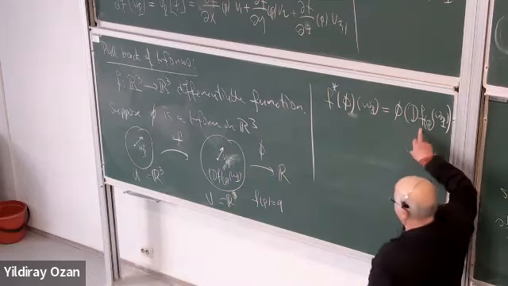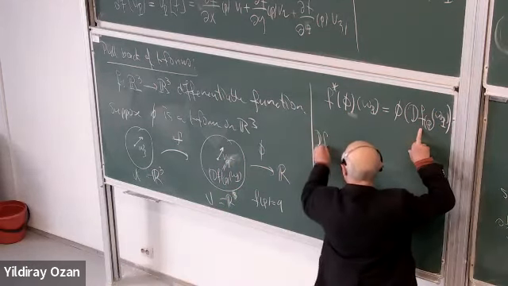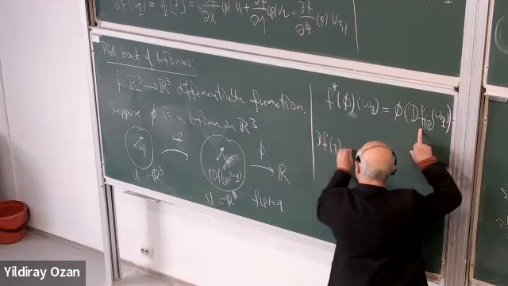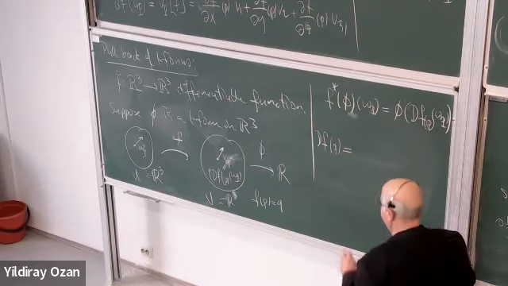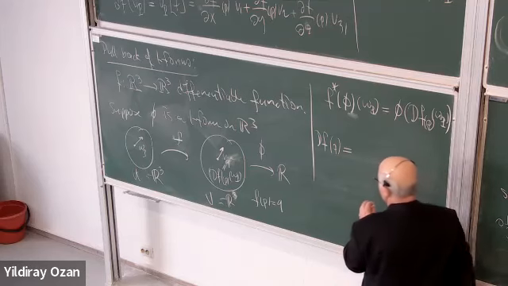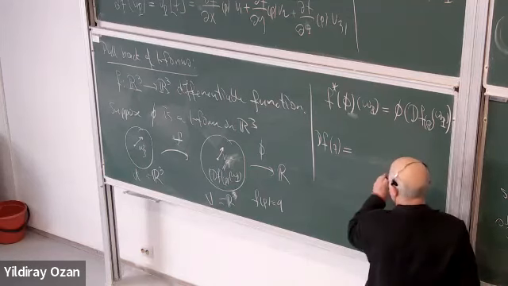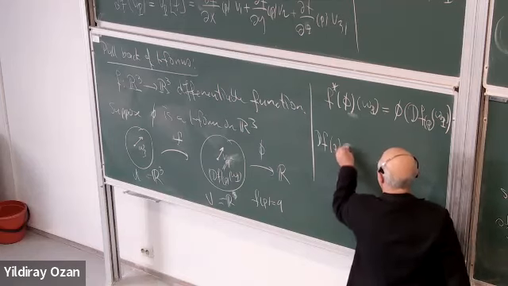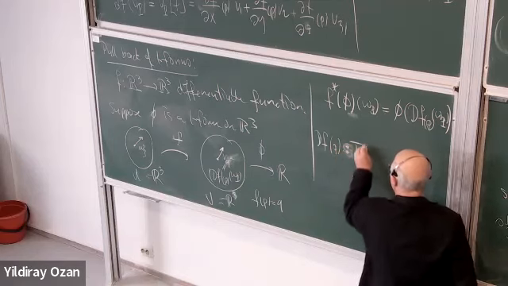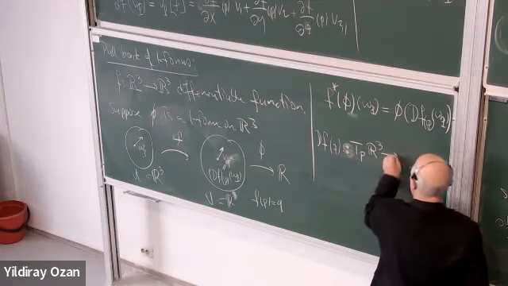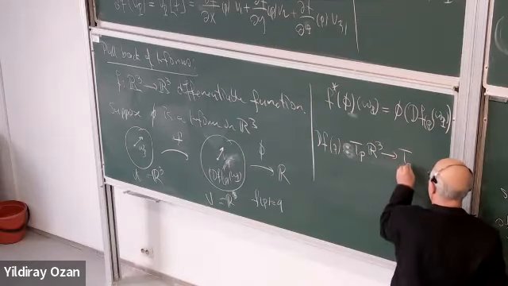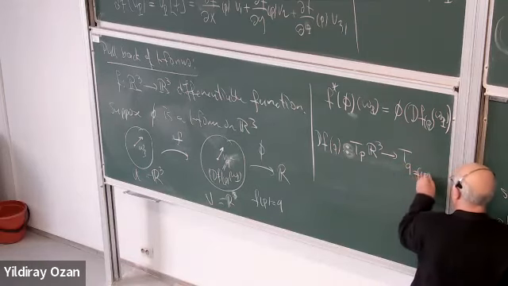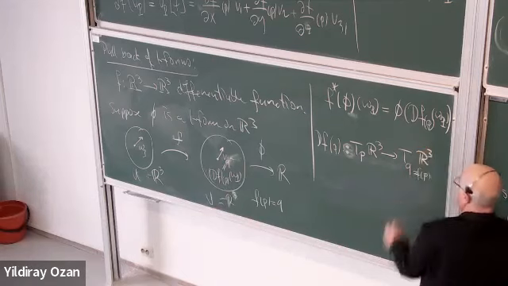Here df is just the derivative map. I'm making it as a map from R3 into the tangent space at f of P, to R3.